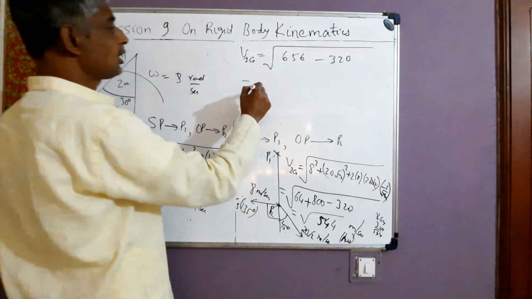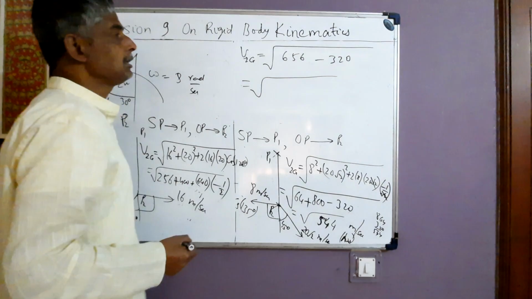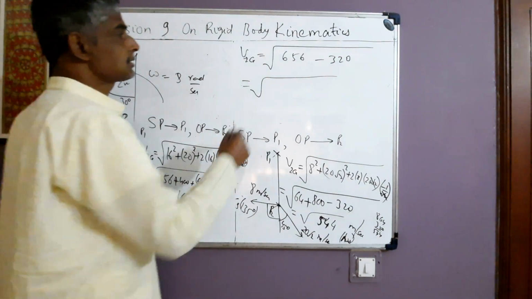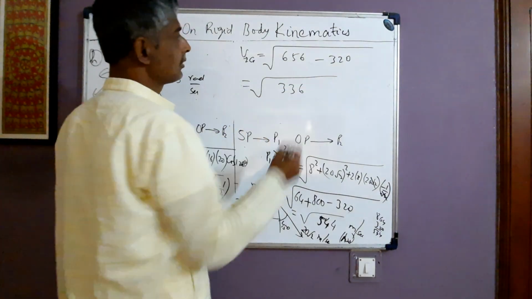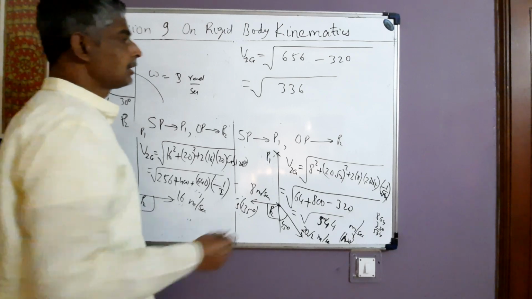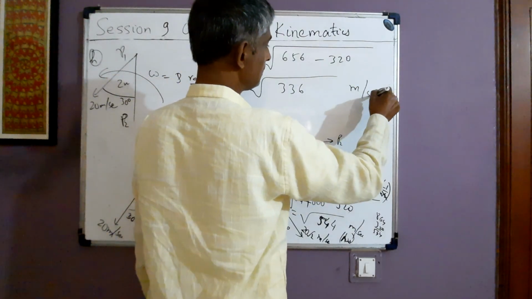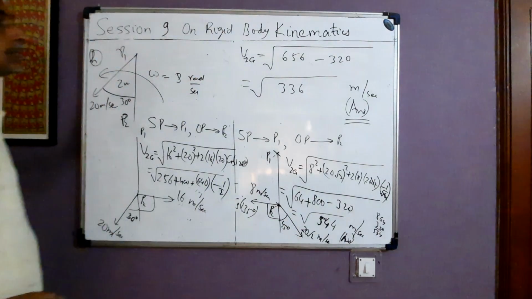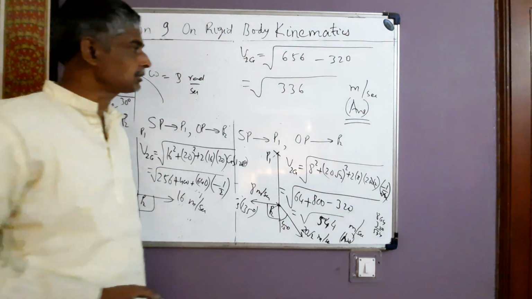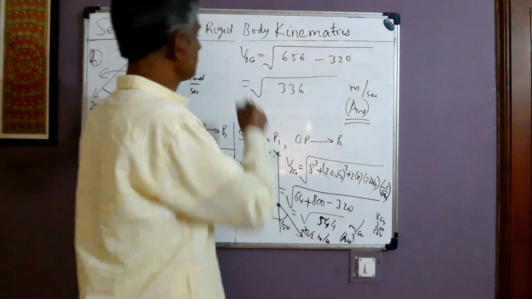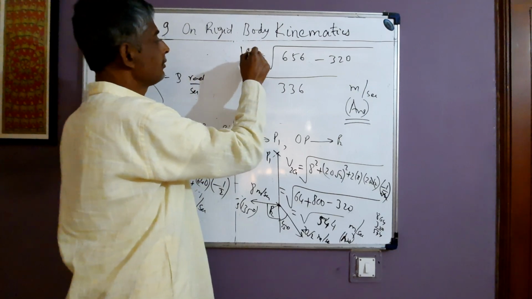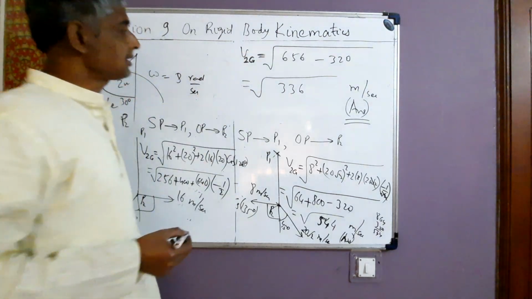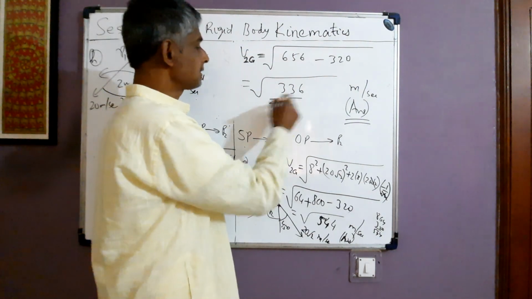So this becomes 336. Root 336 meter per second is therefore the required answer. So V2G is root 336 meter per second, the required value of V2G.